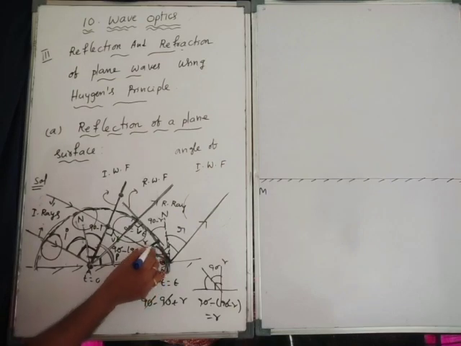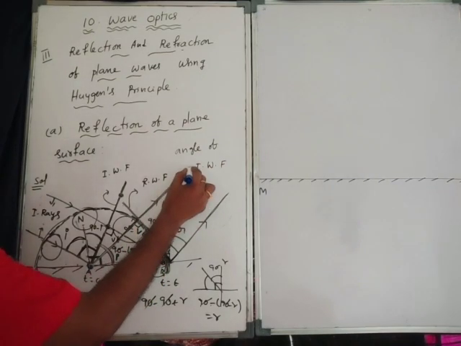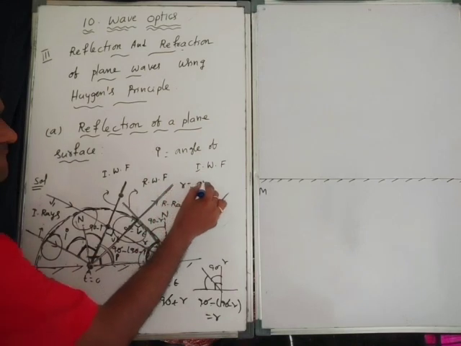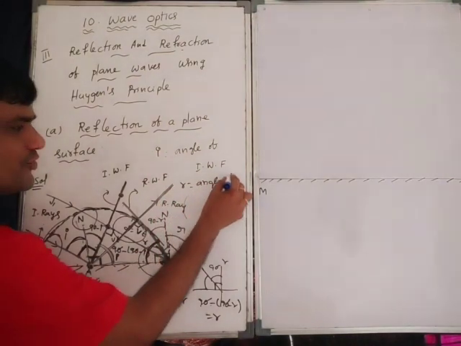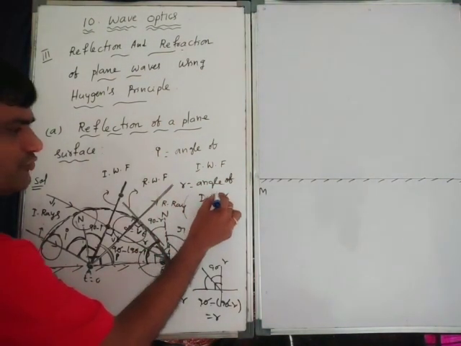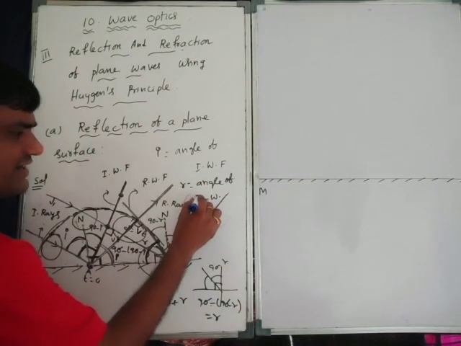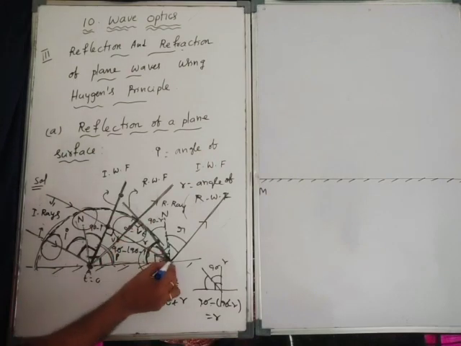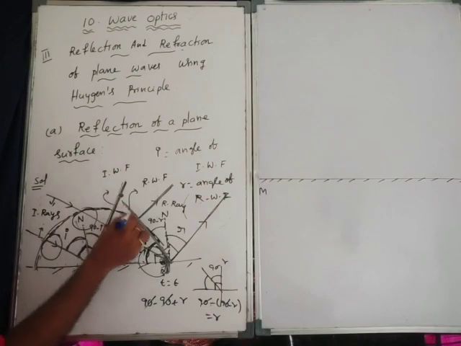So this is the angle of reflection. So this is I and R. Angle of the incident wave, sorry, reflected wavefront. Remember everybody, this is the incident wavefront, and this is the reflected wavefront. Incident wavefront and reflected wavefront.